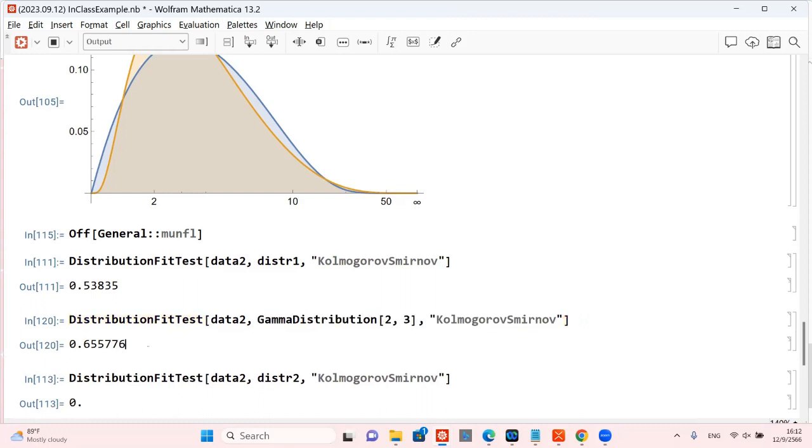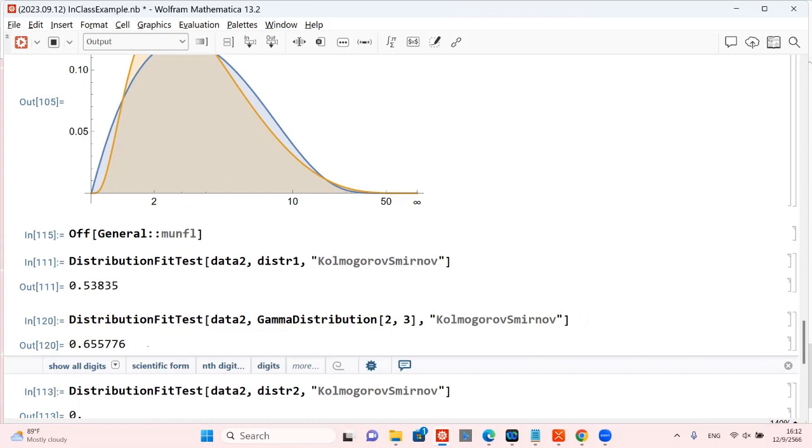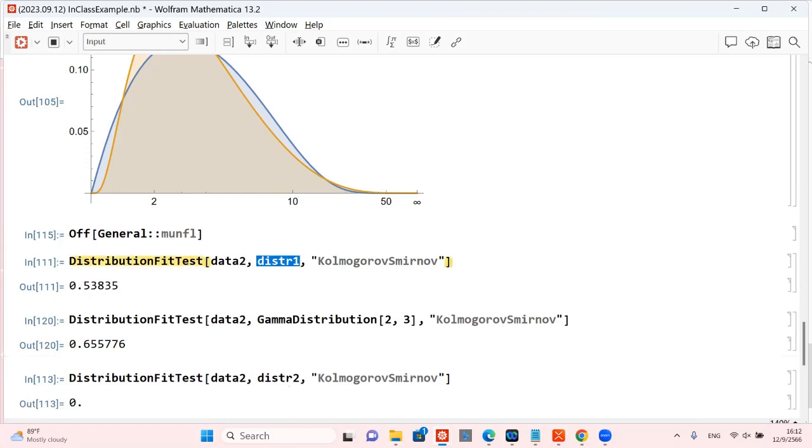It gets higher, but it still doesn't get 1, because there's some randomness. But obviously, the estimate is very good. This estimate is bad, because I chose the wrong distribution family. But even if I chose the right distribution family, but the parameter is off, I still get 0 p-value.